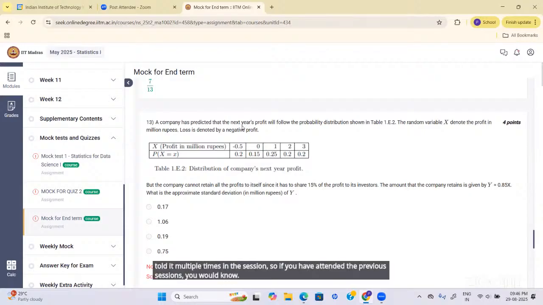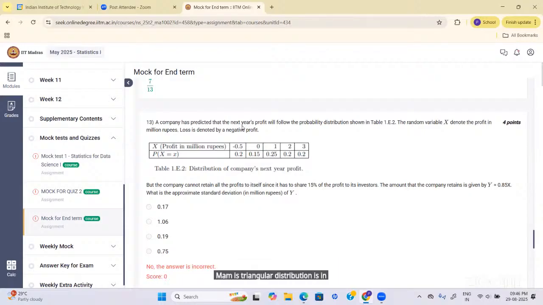Ma'am, is triangular distribution in the syllabus? Yeah, it's in the syllabus. That's the thing, right? Many students like me were busy with college admissions, that's why I couldn't attend any session. But many students do not attend the sessions, how would they know?